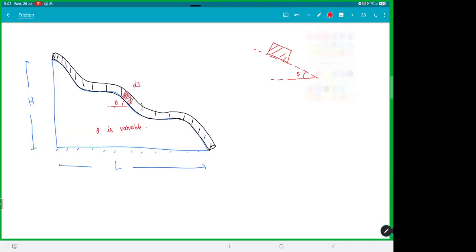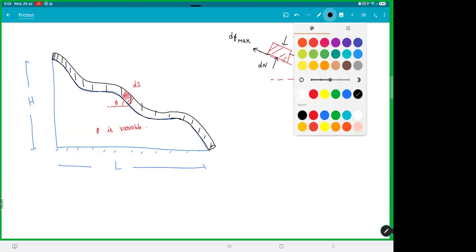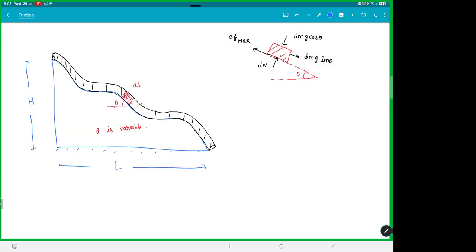Now, if you look at the forces on this, we have dm g sin theta, that is the weight which is trying to pull you down. And this friction will be df max, that is the friction which is trying to stop you. This is your dm g cos theta, which is your normal reaction, dN. So all these are small forces. Now, can I say all the frictional forces acting on this rope must be equal to all the mg sin theta acting down? The mg sin theta is trying to drag you down and the frictions are trying to stop you. So the total frictional force.